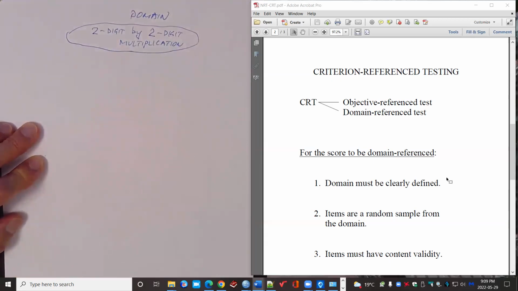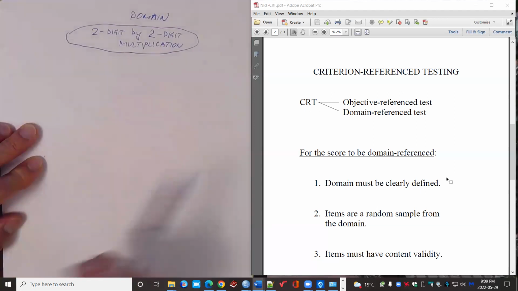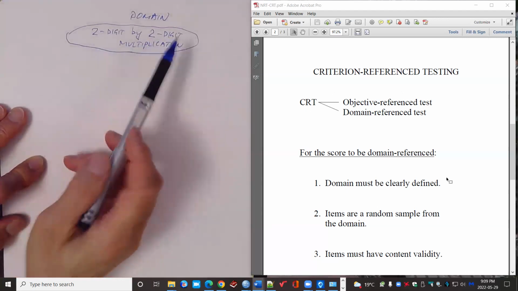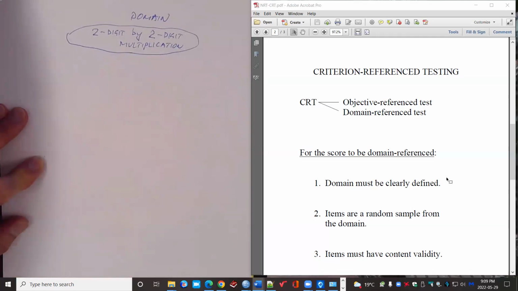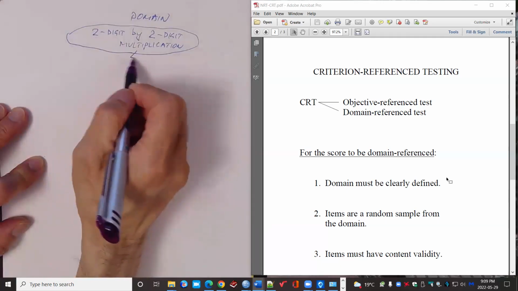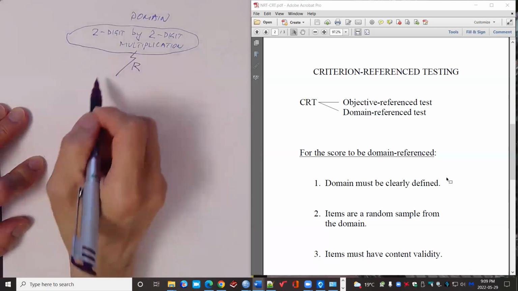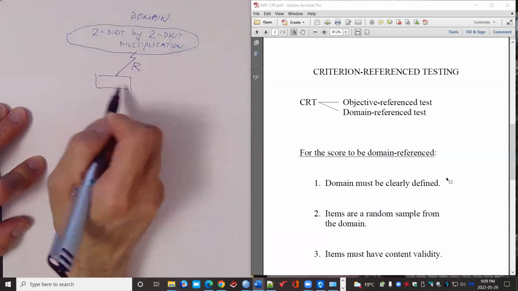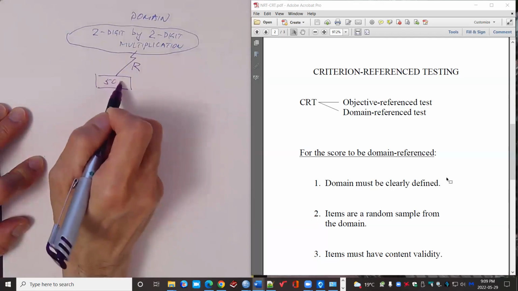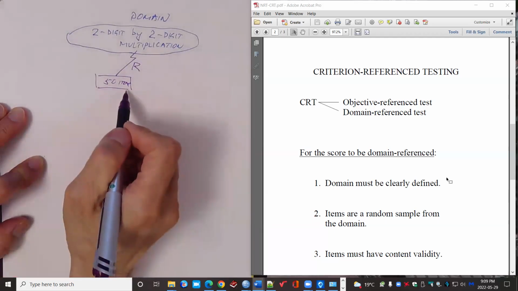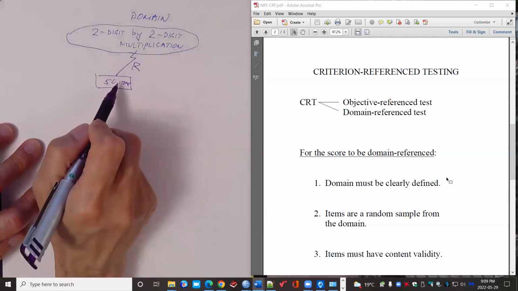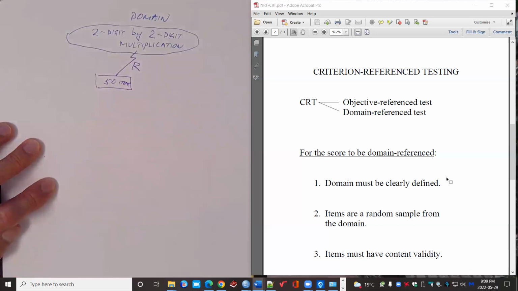Let's use our imagination. Let's say we have all 2-digit by 2-digit multiplication items here. Now, if we draw a random sample of, let's say, 50 items from here, then we administer these 50 items to the students.